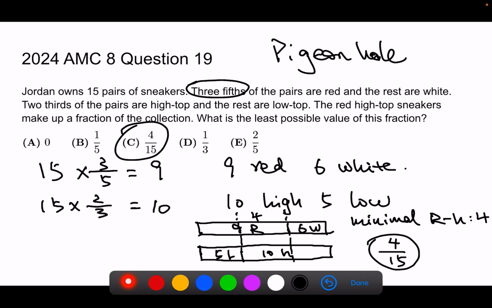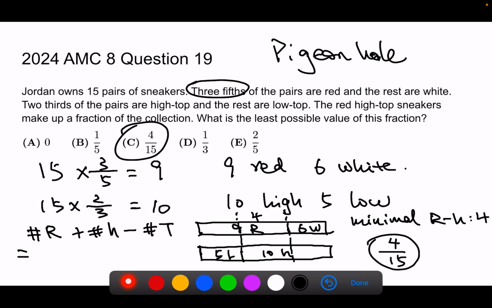So the equation you can use for the minimal overlap is going to be number of red plus number of high. This is the thing, I'm trying to make them as far away as possible. If their total sum is less than 15, then I'm even able to see there's 0 of them. But since this exceeds the total number of pairs of sneakers, so minus total.